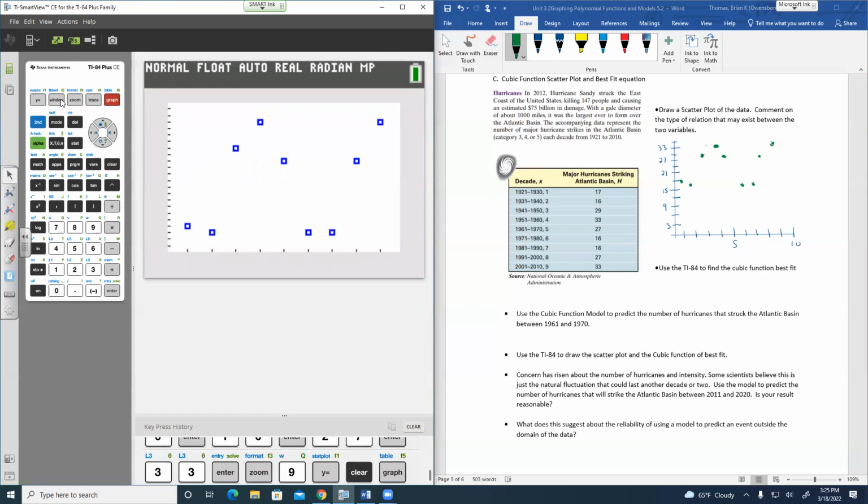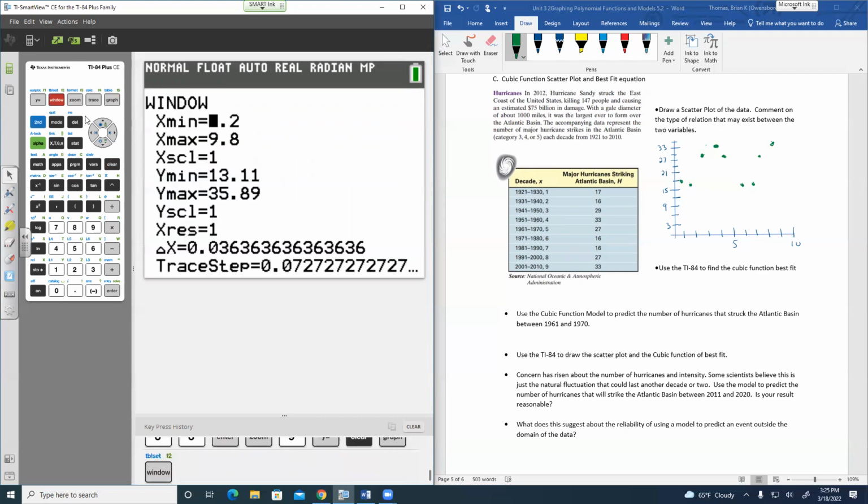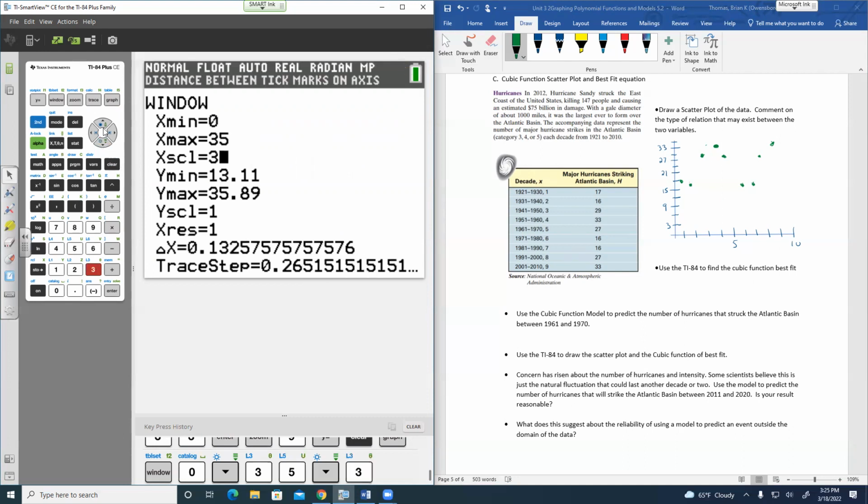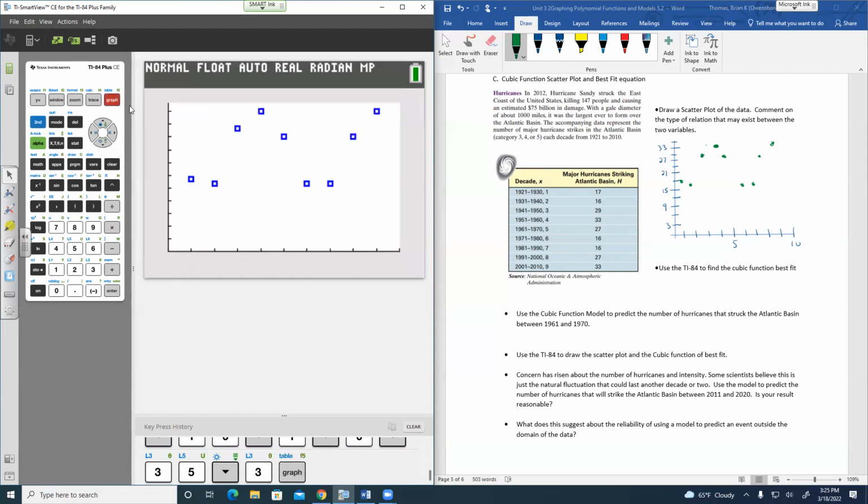If I made their scale like mine, the X min would be 0, the X max would be 10, going by ones. On the Y min, we say 0 to like 35, but if I change the Y scale to 3 and go back to graph, notice how the data now mirrors mine a little bit better because I make the windows look the same.